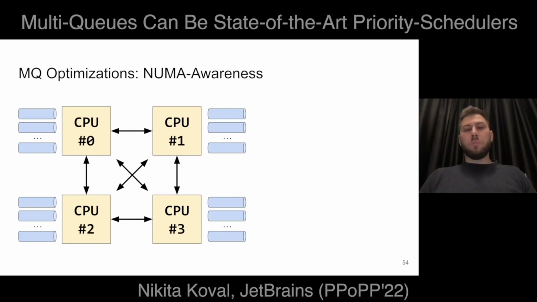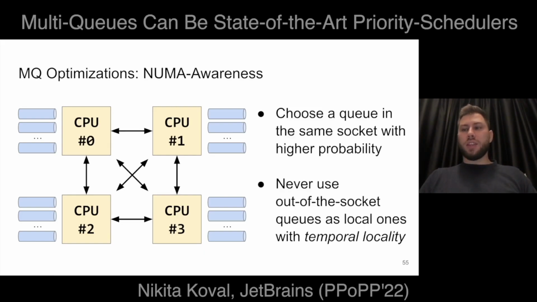So imagine we are on CPU number 1 right now, and we need to choose a random queue. The idea is that we choose the queue from the same socket with the higher probability, and we never use an out-of-socket queue as the temporarily local queue.